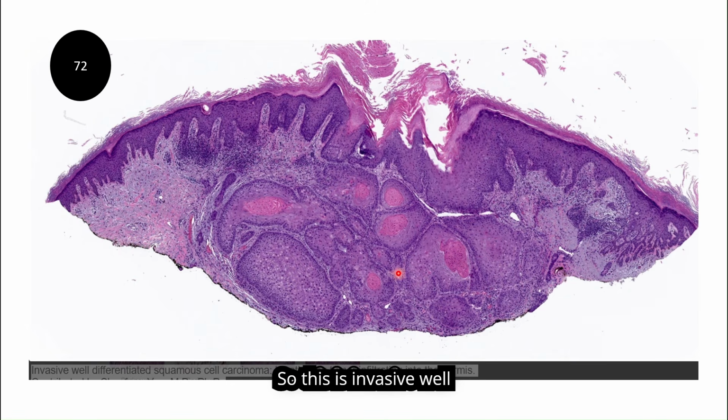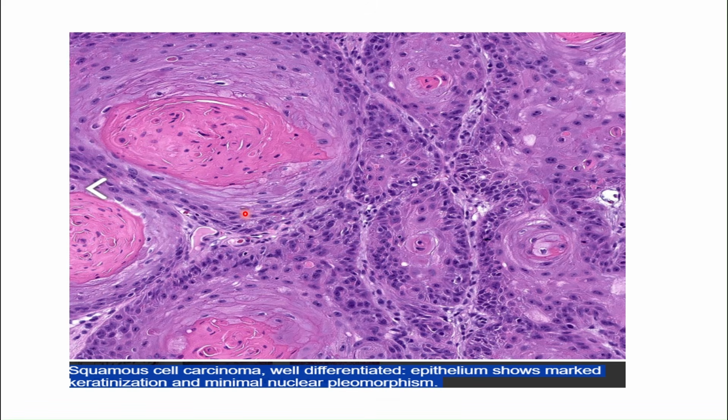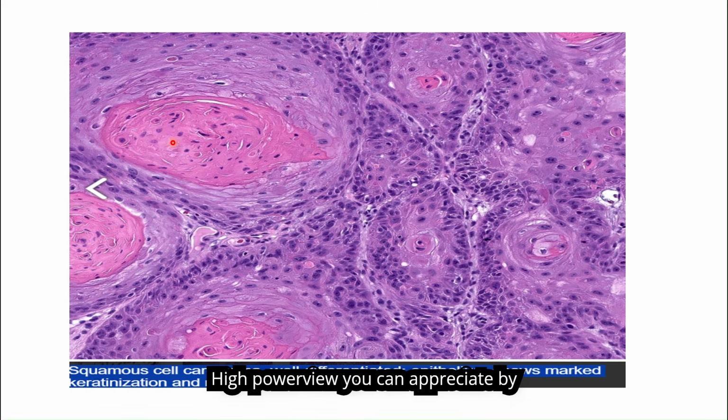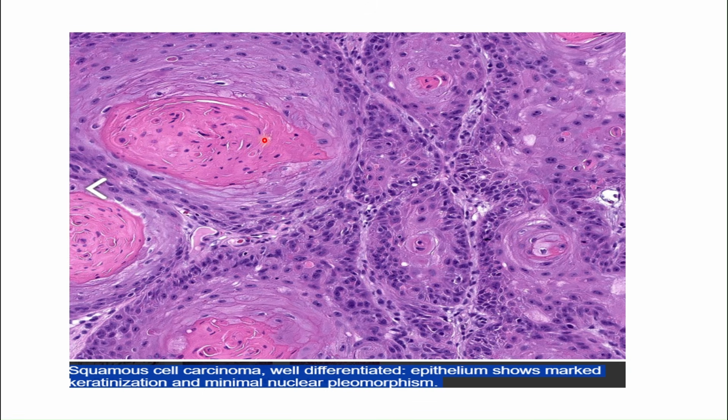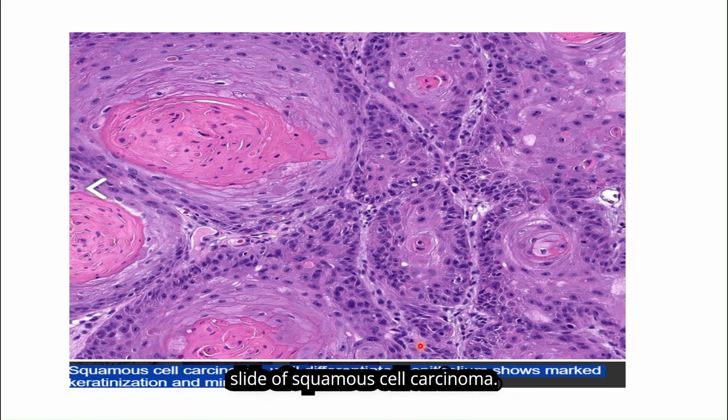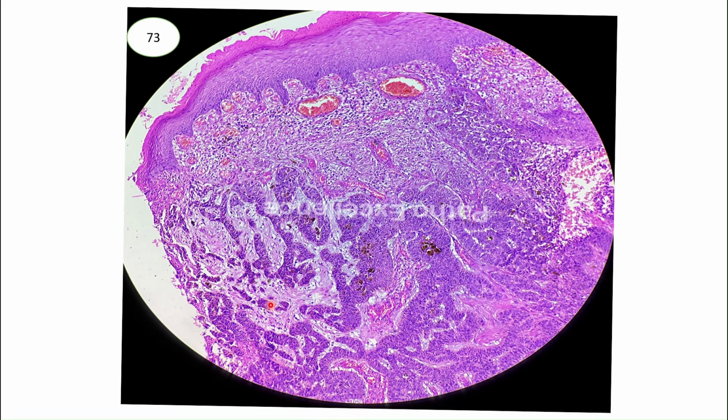So this is invasive, well differentiated squamous cell carcinoma. In high power view you can appreciate marked keratinization or keratin pearls in squamous cells with minimal proliferation. So this is a slide of squamous cell carcinoma.